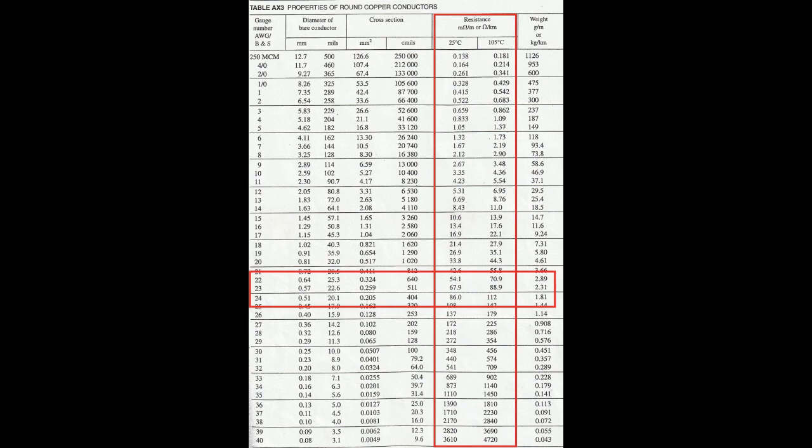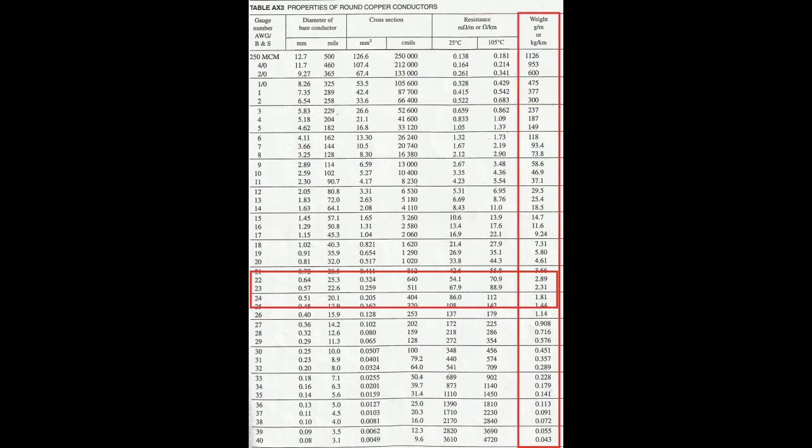And then also you get a weight. The weight itself is given in grams per meter or kilograms per kilometer. So if you needed to carry a bunch of wire up a ladder, you want to know how much it actually weighed. But for more practical purposes, if you had to string wire between two telephone poles, you needed to know the actual force on those poles that the wire is causing.